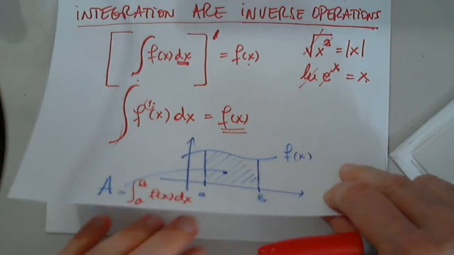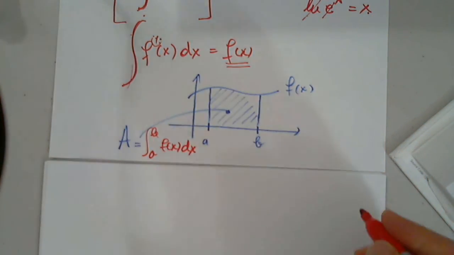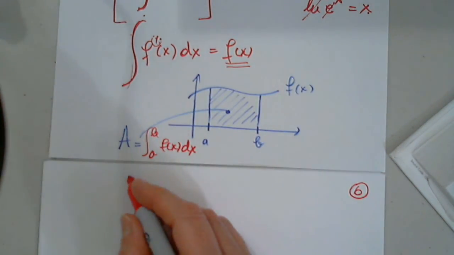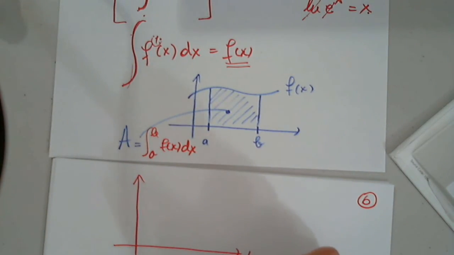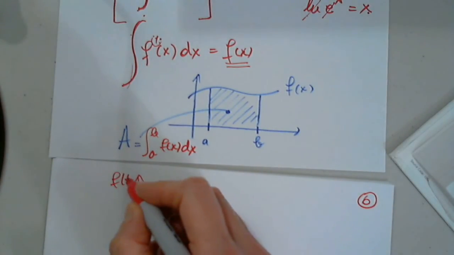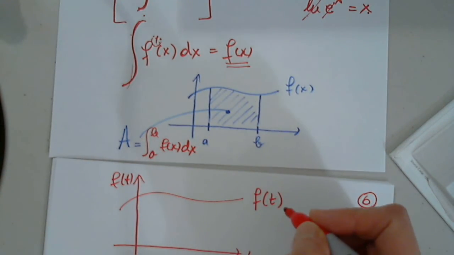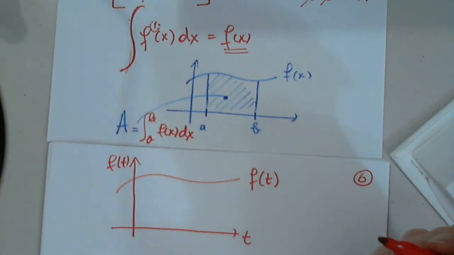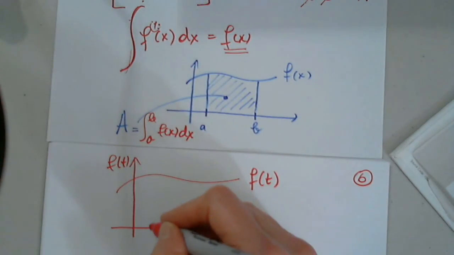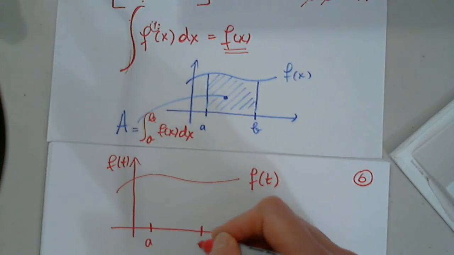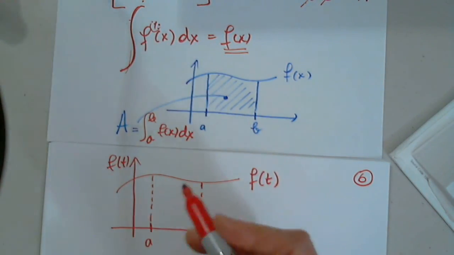Now, I'm going to change the notation a little bit. I'm going to say that this is t. So this is a function now, f of t. Who cares? f of t, f of x. But you'll see why I changed that. And this is the same thing, a and b. And this is the same area in question.